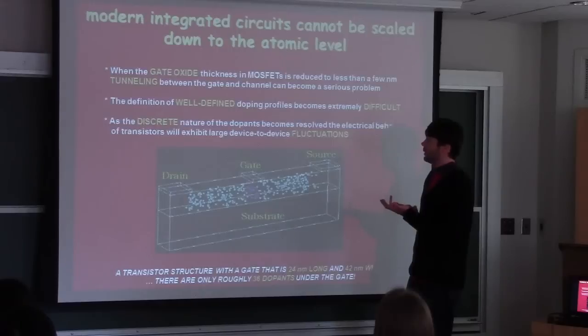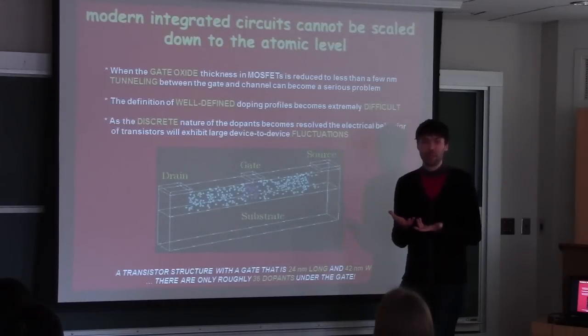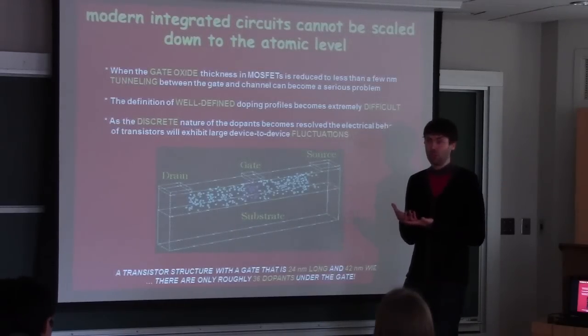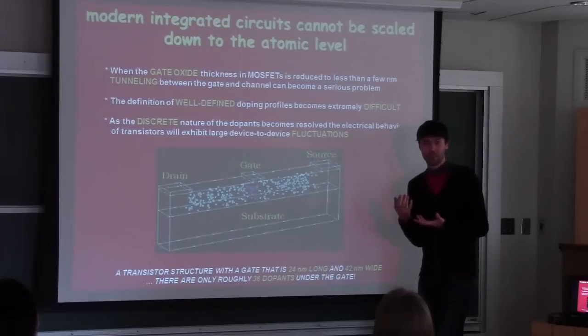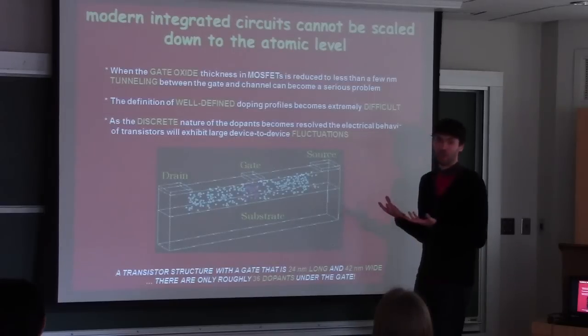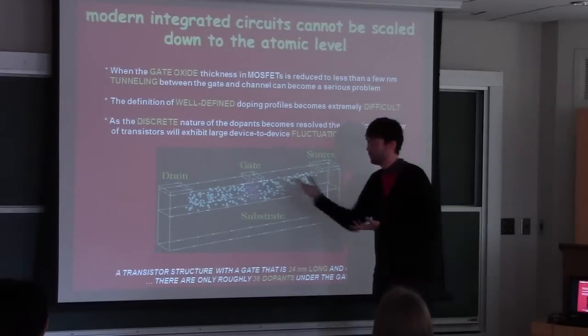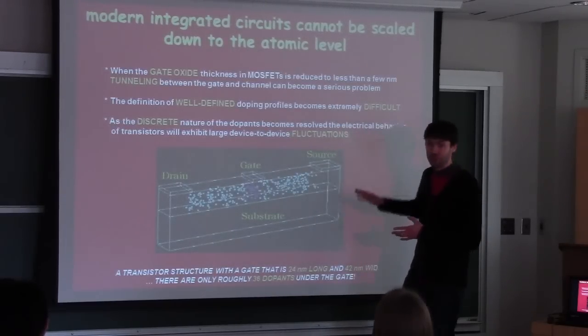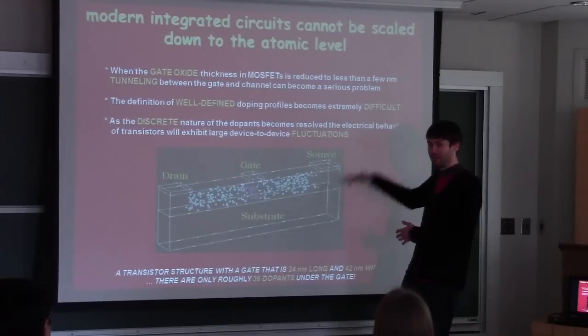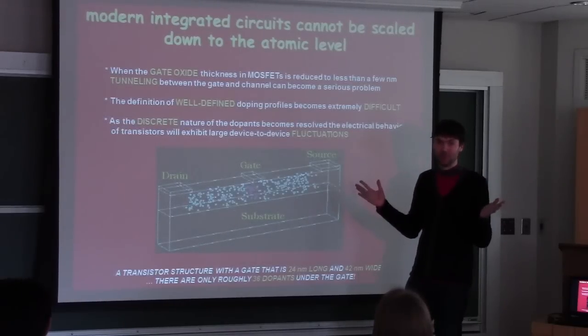And so not only the quantum mechanical nature of these particles is important, but also the imperfections that come from the quantized nature of the number of these particles. So for example, in this transistor it's 36 dopants. In the one next to it, it could be 30 dopants. And in the one next to it, it could be 45 dopants.